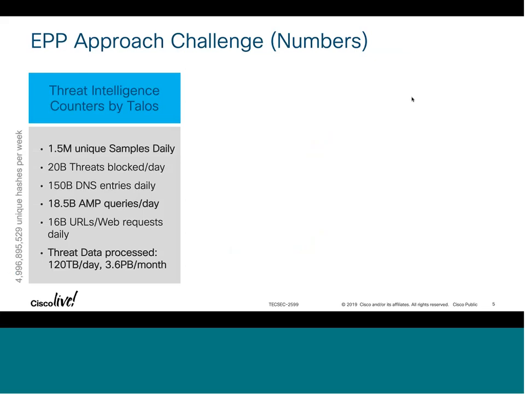Let's look at some counters from Talos. It doesn't matter if it is completely right, but what you can see here is 5 billion unique hashes per week. The process data is approximately 120 terabytes per day. That's a massive amount of data Talos and their systems analyze each day.